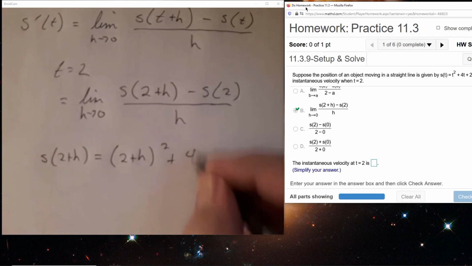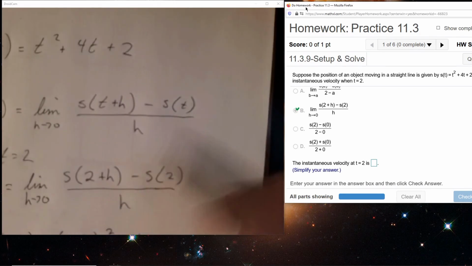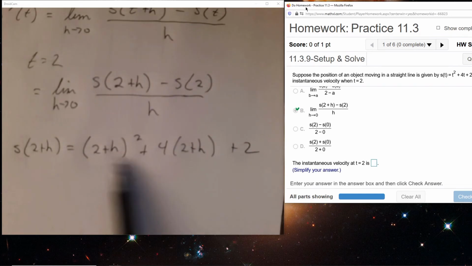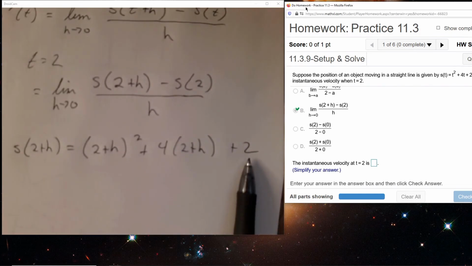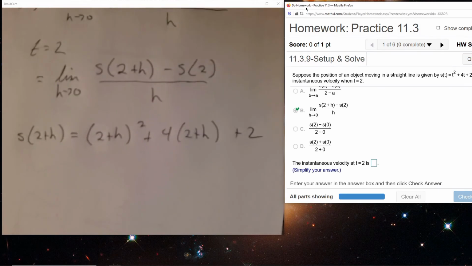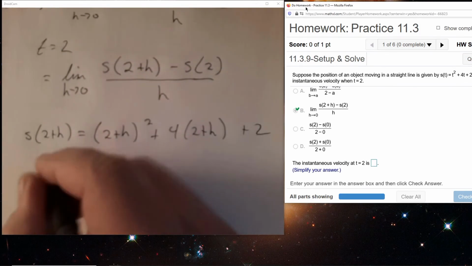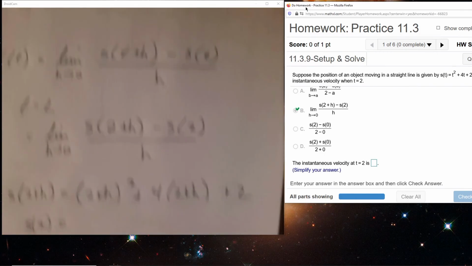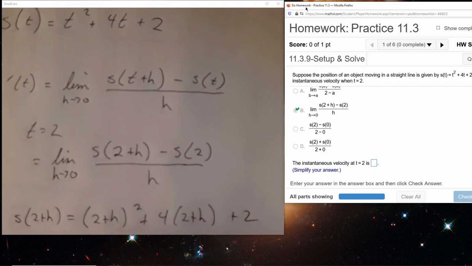I know you can't quite see all that together, but I'm just plugging into the top up here. So I just plugged that 2 plus h all into the original function. And we need s of 2, which again, I'll just plug into the original function here.